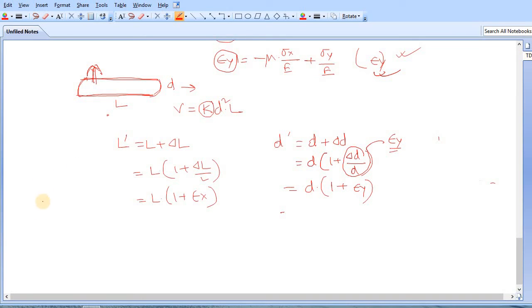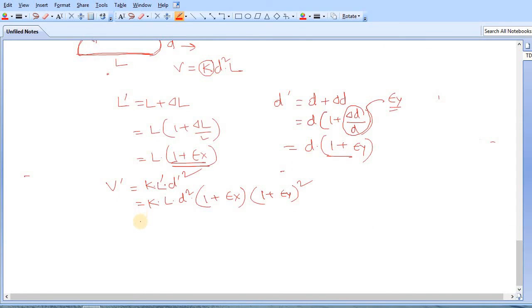Now apply the volume formula again. The new volume V dash is equal to K times L dash multiplied by D dash square, or K times L D square. For L dash we get 1 plus epsilon x. For D we get 1 plus epsilon y whole square.